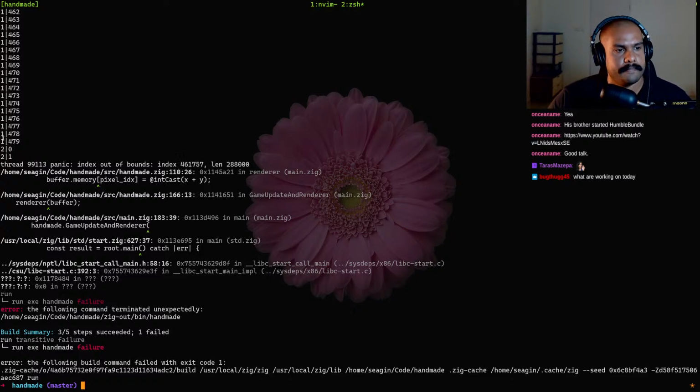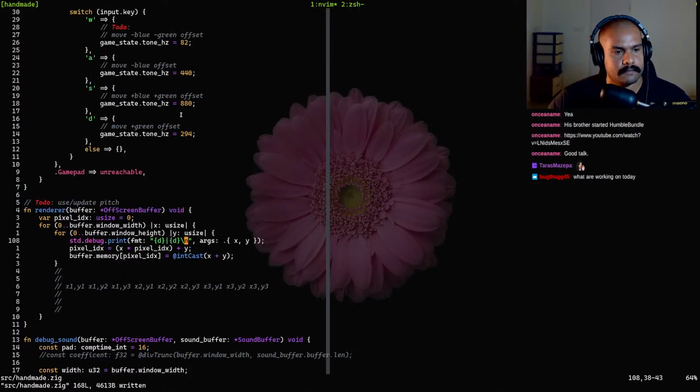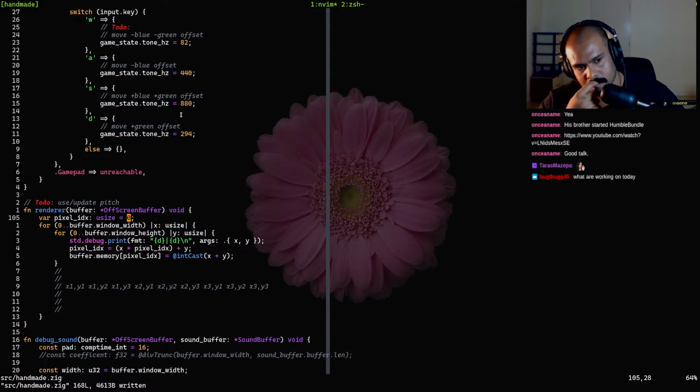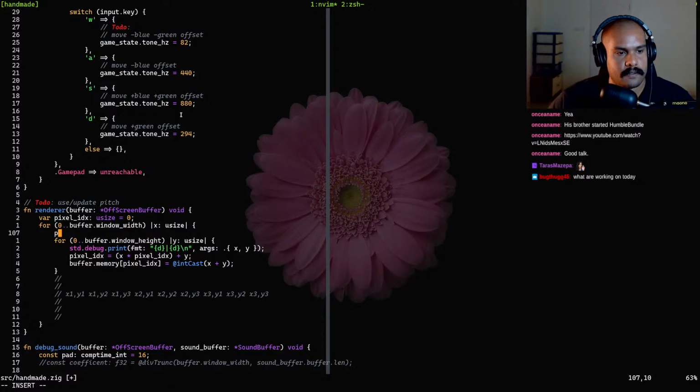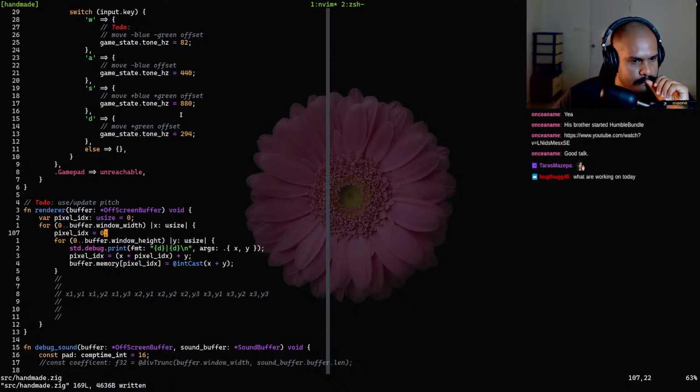That's weird. Right, because I think it needs to be pixel index. Is it?